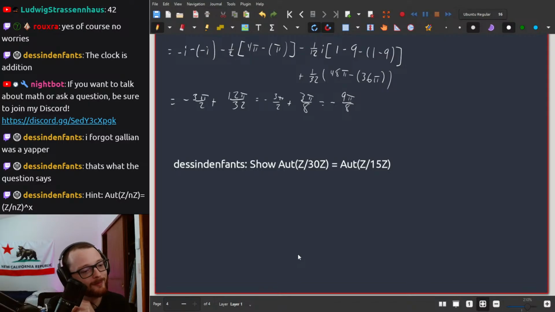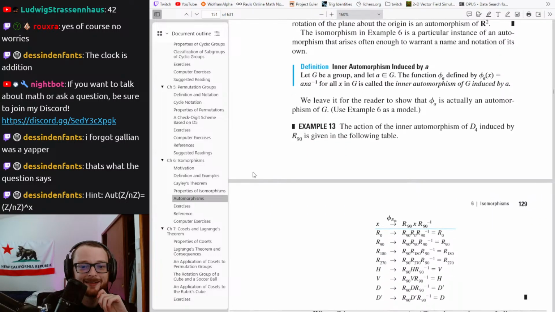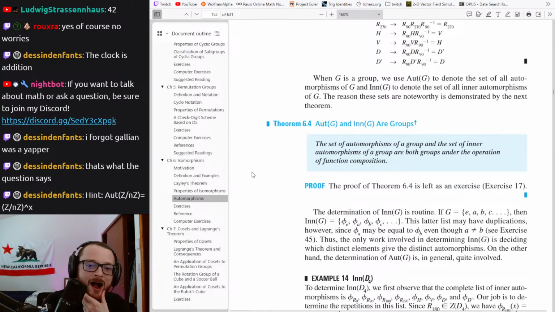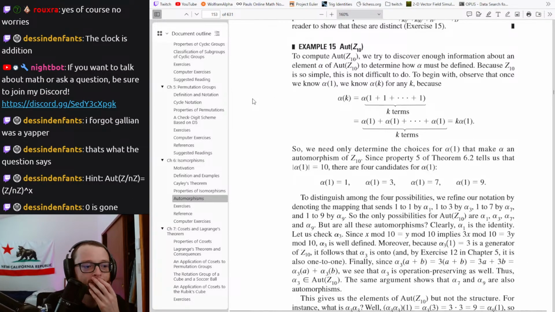Oh, is it? Actually, what does that exponent of x mean? Zero is gone?